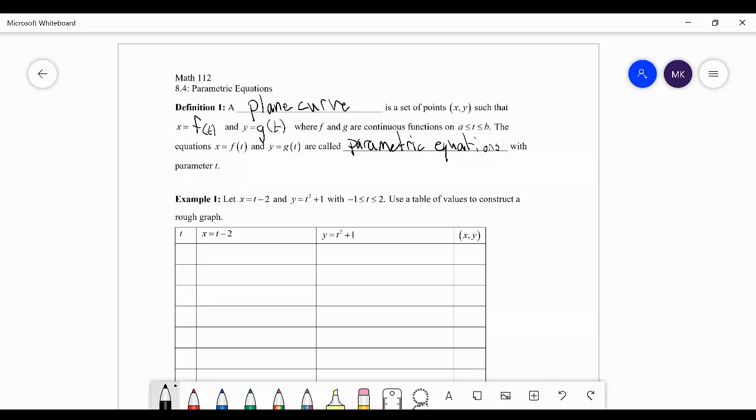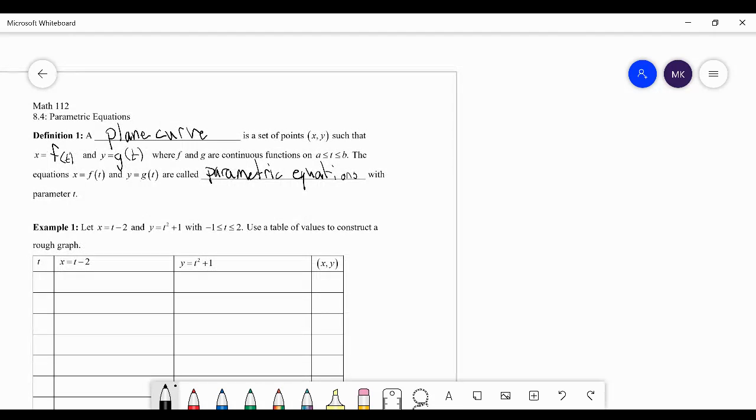So this curve is created by the set of points (x, y) that create this graph, whatever it may be, and those are created by these continuous functions. Remember, flashback: continuous, in the very simplest sense, means that you can draw it without lifting your pencil. So if this is a and this is b, a function that does this is continuous.